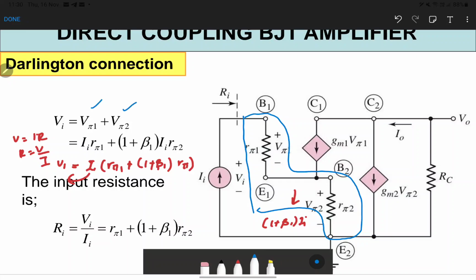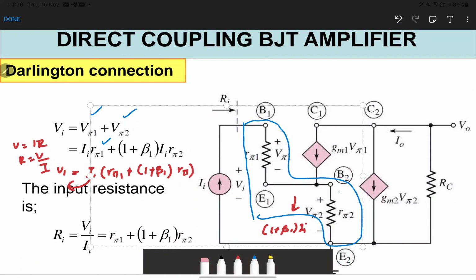So by replacing the equation, V pi 1 is equal to the input current entering the R pi 1, and also the total input current IB2 times R pi 2.